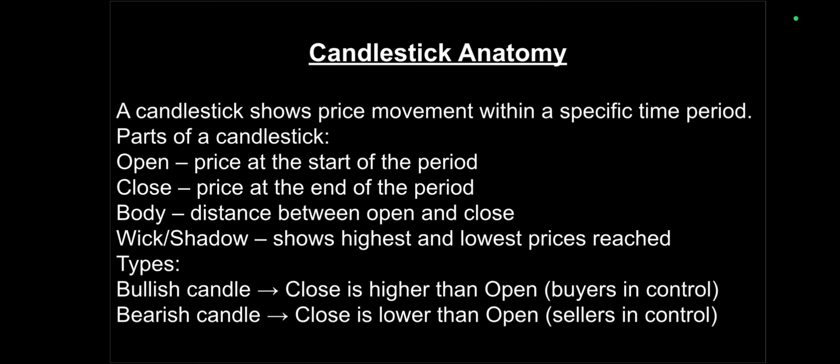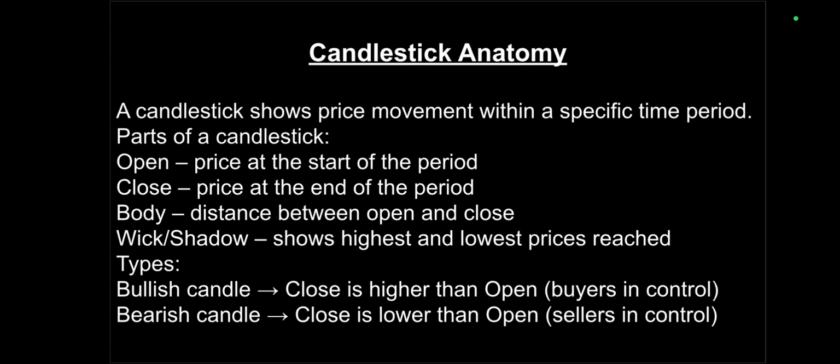All right, first of all, we need to know what candlestick anatomy is. A candlestick shows price movement within a specific time period. Parts of a candlestick: the open price and the close price. The open price is at the start of the period, and the close price is at the end of the period.